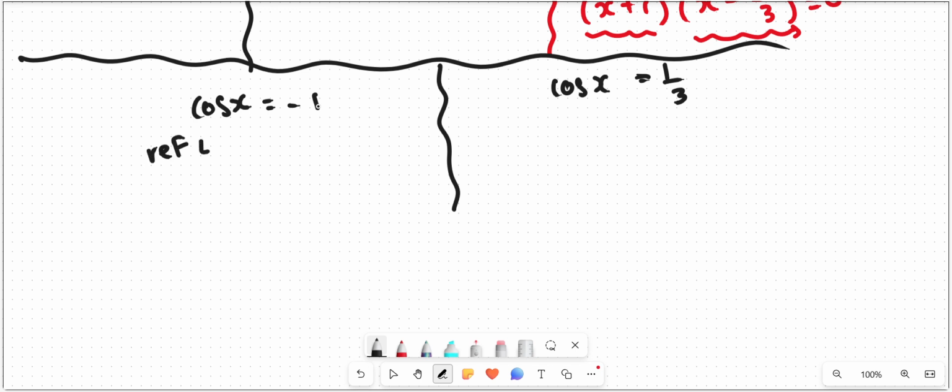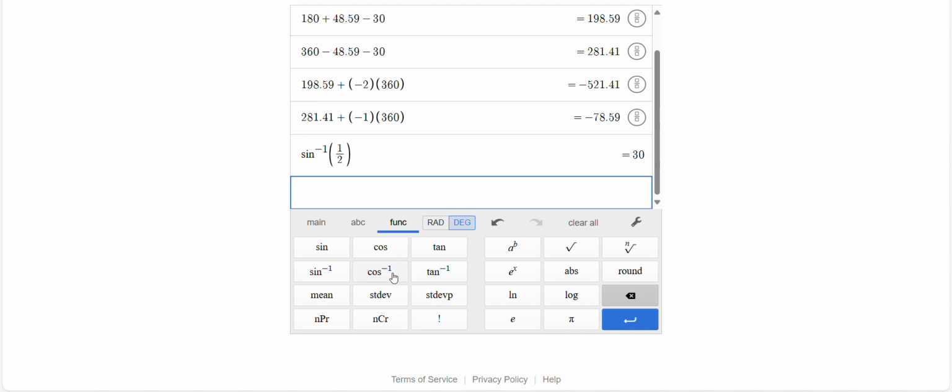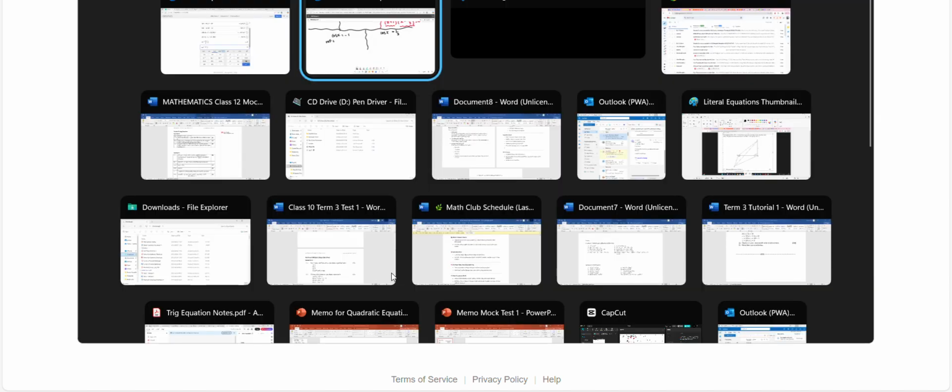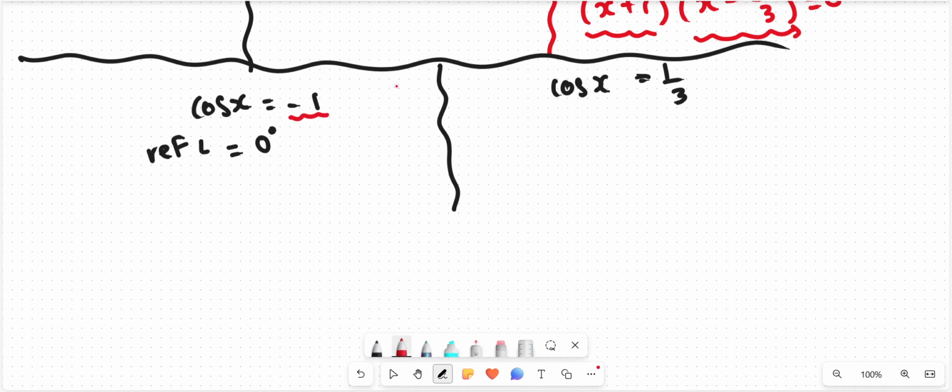If you're doing the reference angle of a negative, remember you're plugging it in as a positive. So that should read cos inverse of a positive 1 in my bracket, and that just gives me a 0. So this side I have my reference angle as being a 0, and remember this negative tells me which quadrant I need to go.